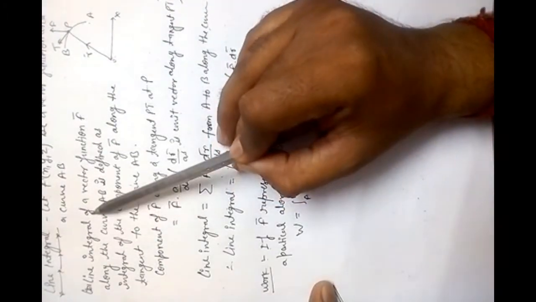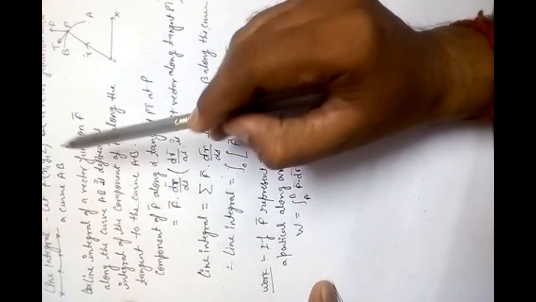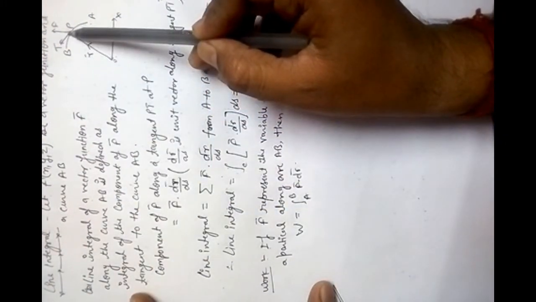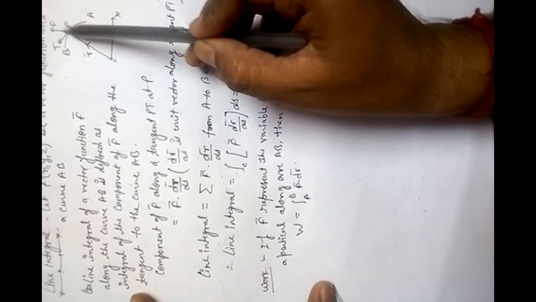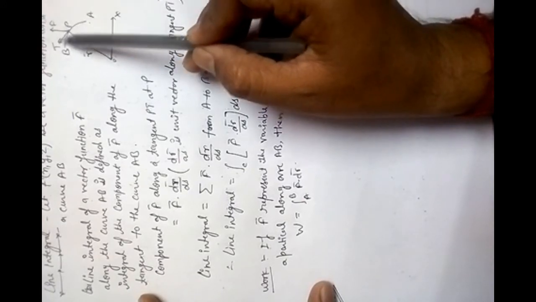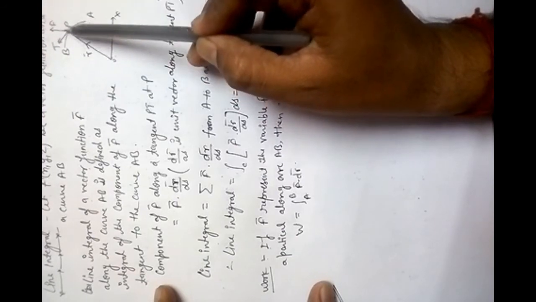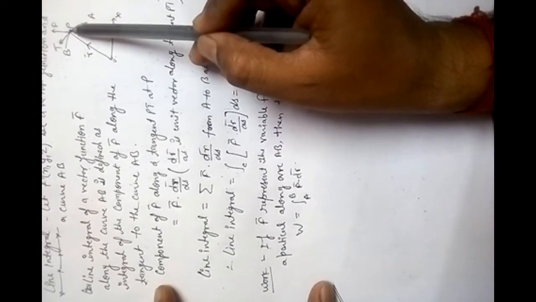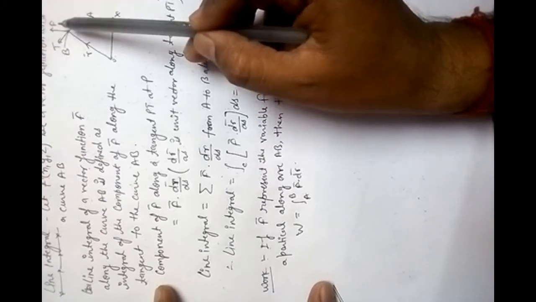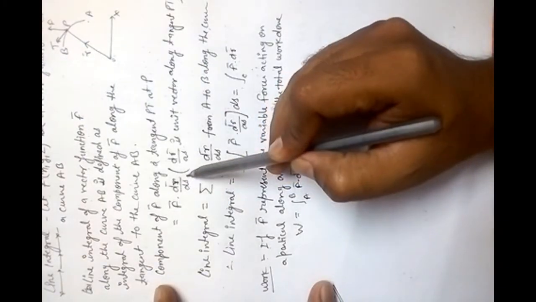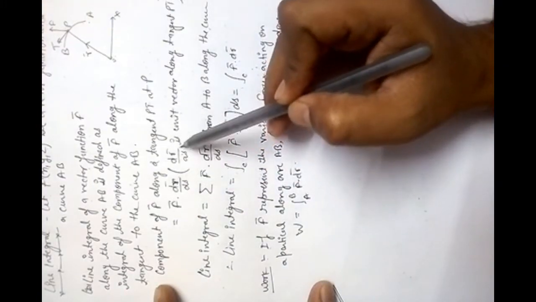The line integral of a vector function F along the curve AB is defined as the integral of the component of vector F along the tangent to AB. So the component of vector F along the tangent PT is defined as F dot dr upon ds, where dr upon ds is the unit vector along the tangent PT.